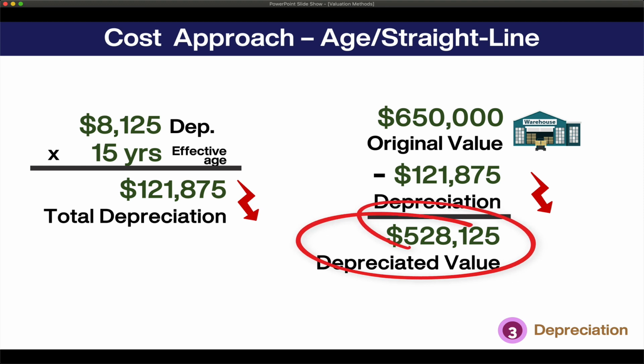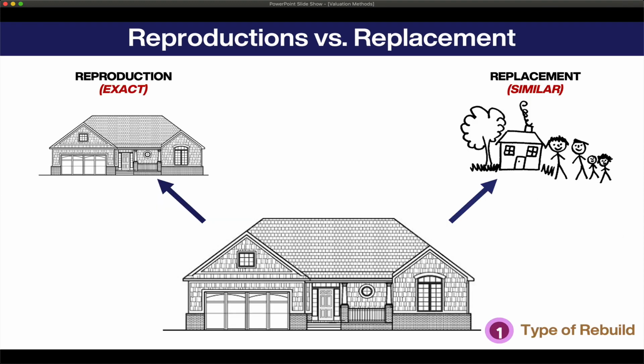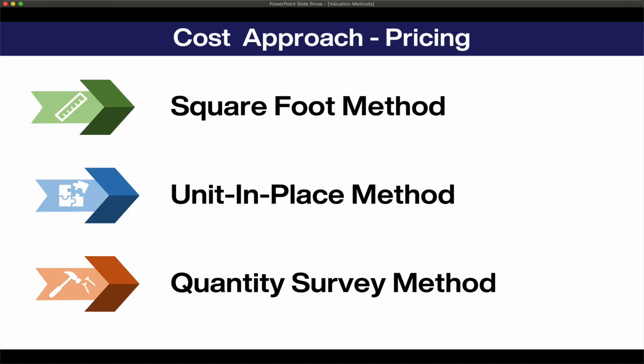So let's review what we just said. In the cost approach, an appraiser first decides how the property would be rebuilt. Is it an exact reproduction or a similar replacement? The second step is pricing the cost to rebuild, either using the square foot method, the unit in place method, or the quantity survey method.